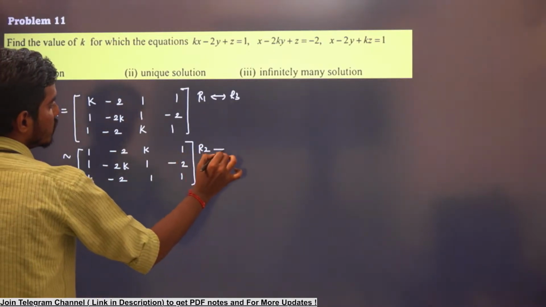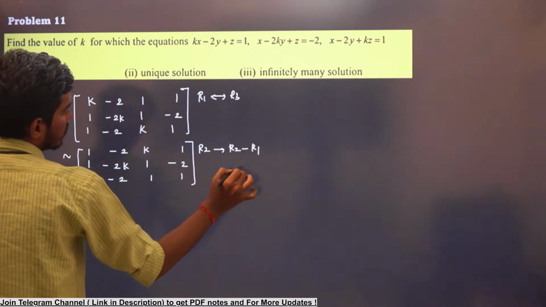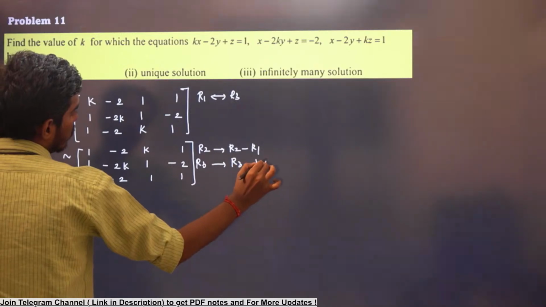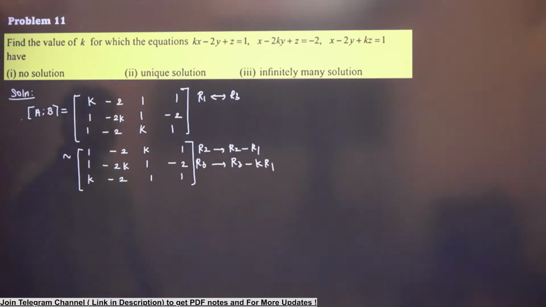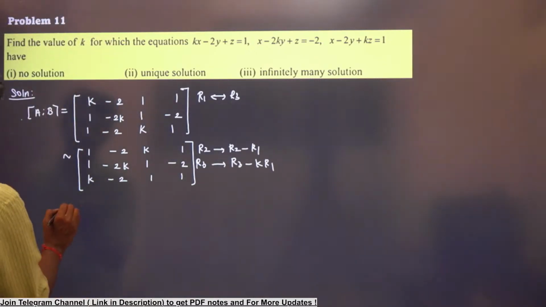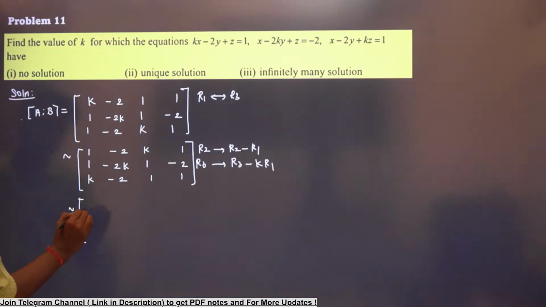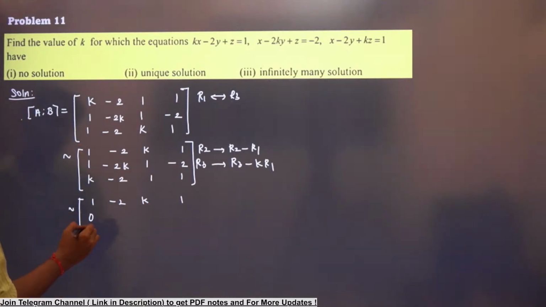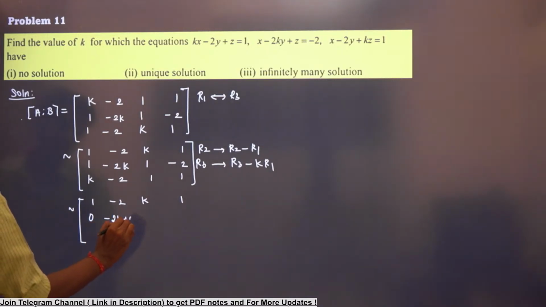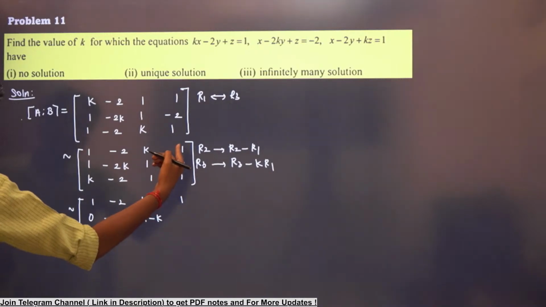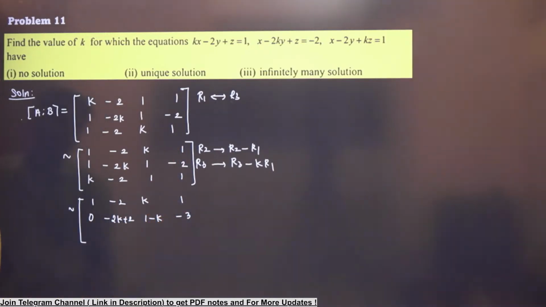R2 is transformed to R2 minus R1, and R3 is transformed to R3 minus k times R1, because 1 is here, so multiply k with that. So k minus k will be 0. This is equivalent to: 1, minus 2, k, 1. Then 1 minus 1 is 0, minus 2k plus 2, 1 minus k, and minus 2 minus 1 is minus 3.